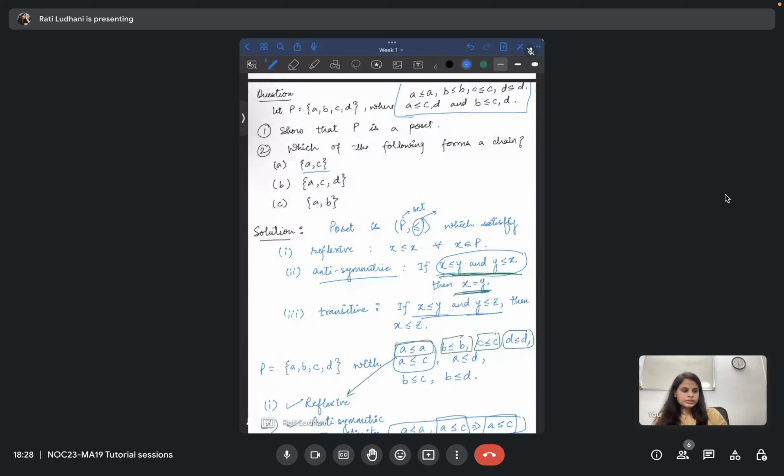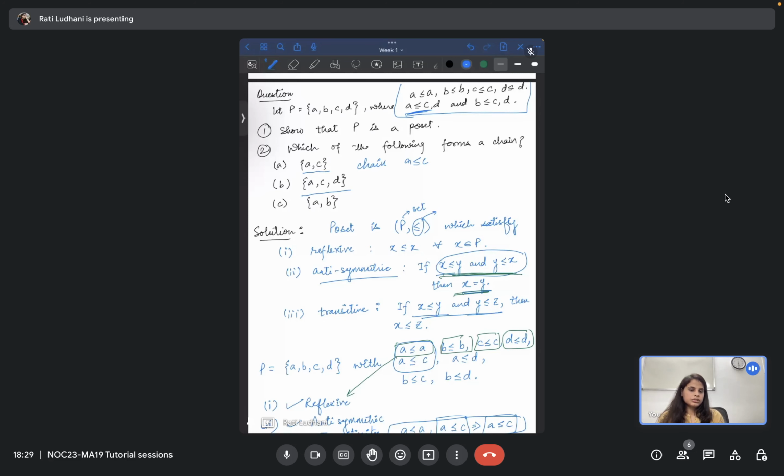It's a chain, exactly, because we have the relation A is less than or equal to C. So the elements are comparable. There are just two elements, and there is a relation between A and C. So we are done.